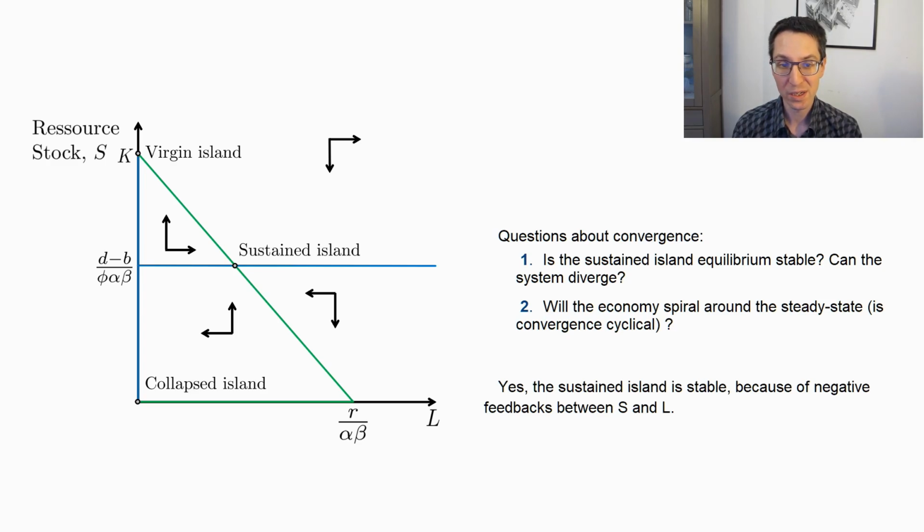We find this because there's negative feedback in the predator-prey interaction. Why? Because more prey breed more predators, but more predators eat prey and decrease the population of prey. So we see that there's always this race between the island stock and the population of people, which makes, in the end, the system quite stable.